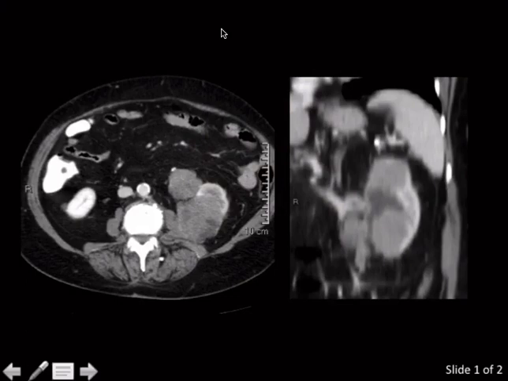Gamesmanship question again here. So axial CT with a coronal reconstruction, contrasted. We've got multiple masses through the kidney. They have provided this coronal image so that you can see that there is sort of preservation of the shape of the kidney, and you've got these masses in the upper and lower pole, and one that's sort of exophytic off the medial portion there.